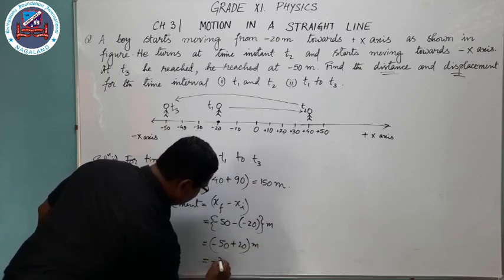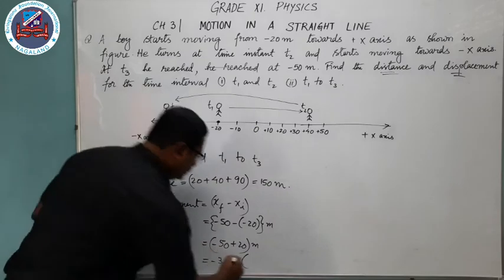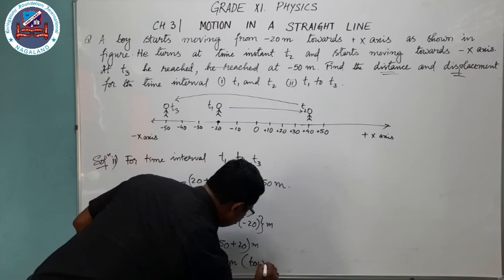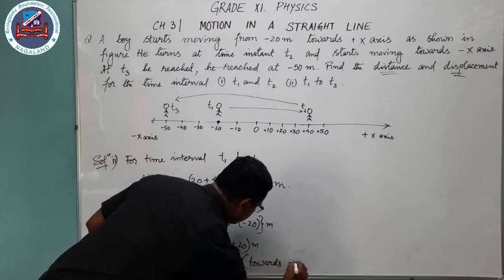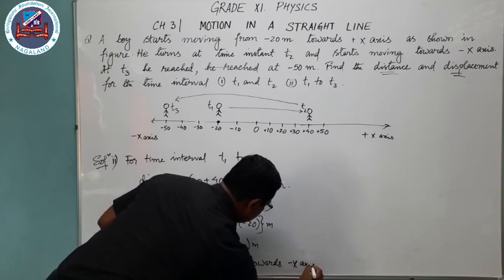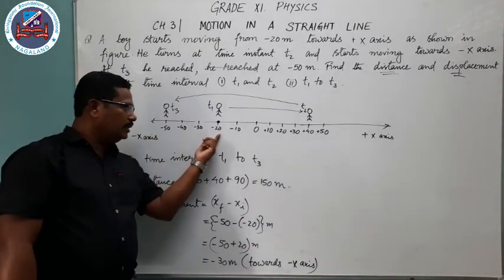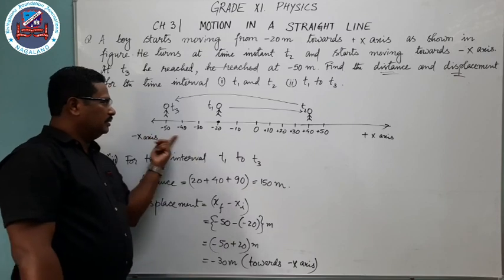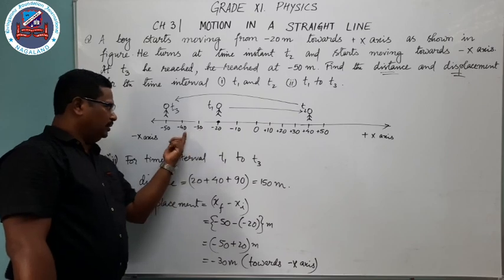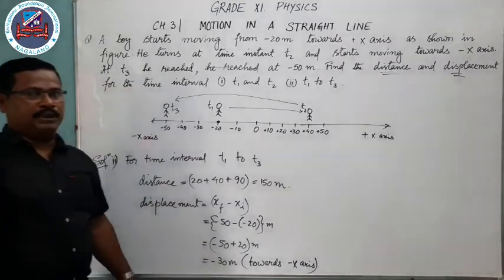It will give us minus 30 meter, that is towards the negative x-axis. So like this we can find the distance and displacement. You can see very clearly the body started at minus 20 and got displaced to minus 50, so as it is towards the negative side, the displacement is minus 30 meter.